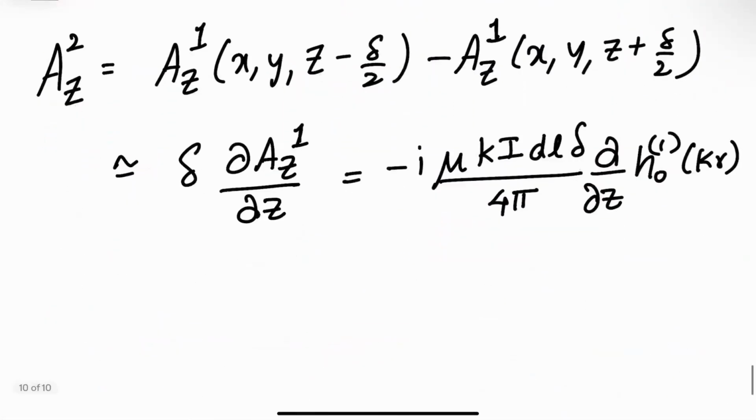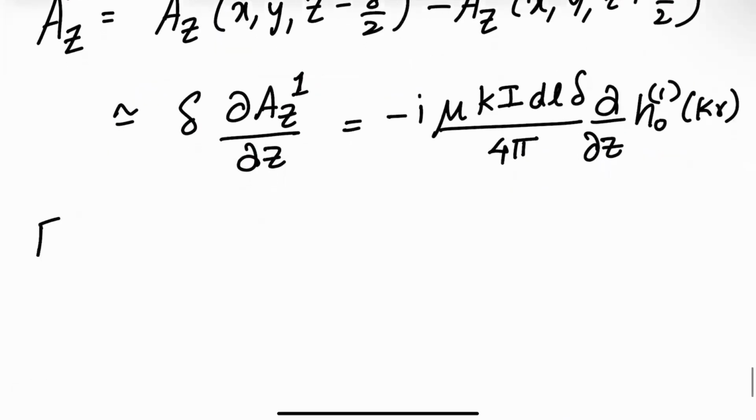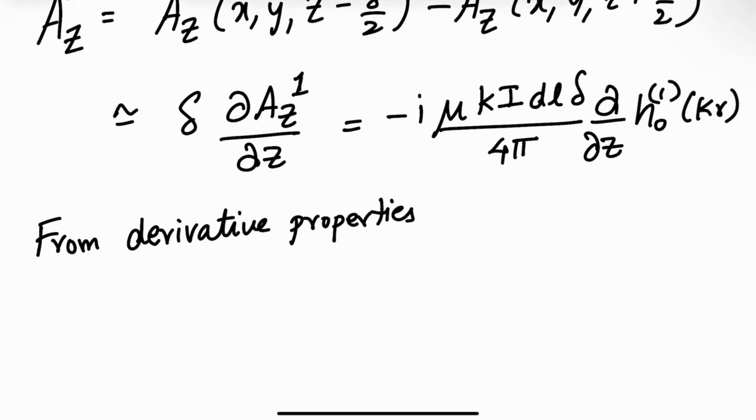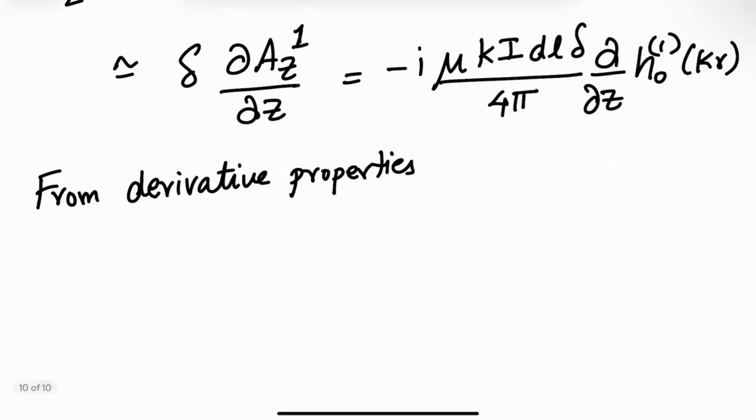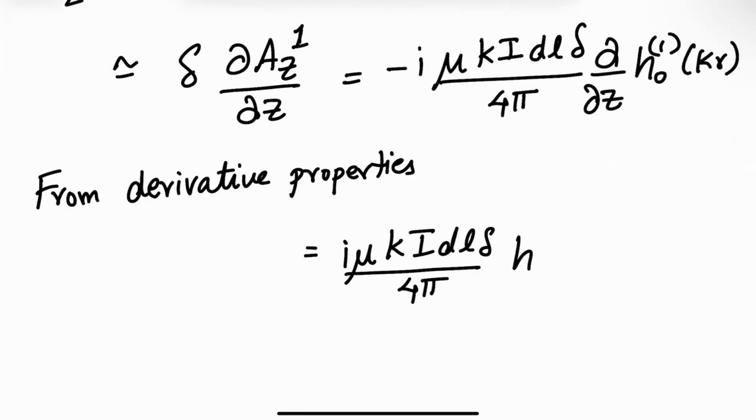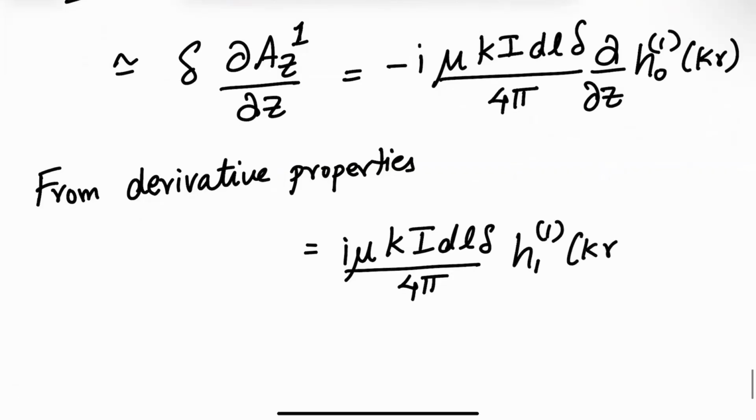Okay. So we know from derivative properties, can show from derivative properties, this is equal to i mu i dl delta over 4 pi h11 of kr cosine theta.